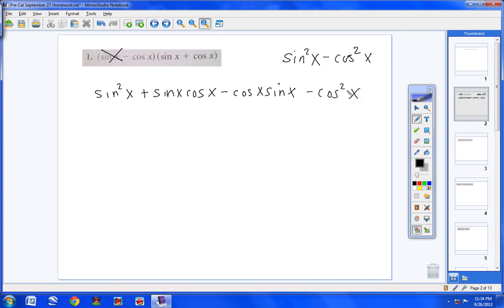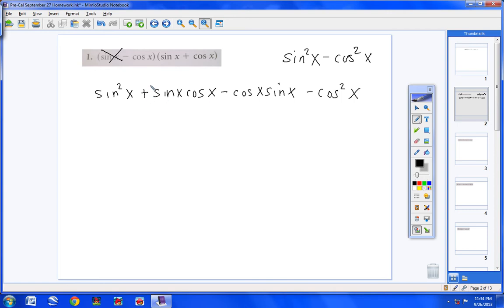Now, students, I've taught you a long time ago in algebra, if you have a term that's labeled xy and a term that's labeled yx, they're like terms. It doesn't matter what order the letters are written as long as the exponents match. And so, with that in mind, sine cosine is the same thing as cosine sine.